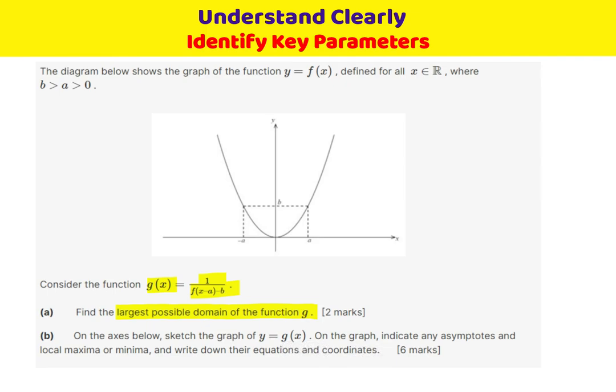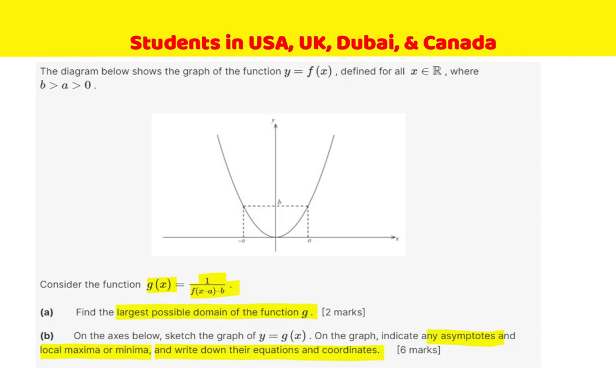On the graph, indicate any asymptotes and local maximum or minimum, and write down their equations and coordinates. Very important. So when you read the question, you should understand completely what all should be covered in the solution, right? So equations, coordinate points, everything is required, right? Now let's try to understand this situation first, and then we will answer.